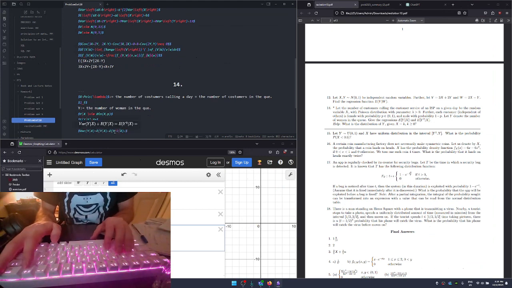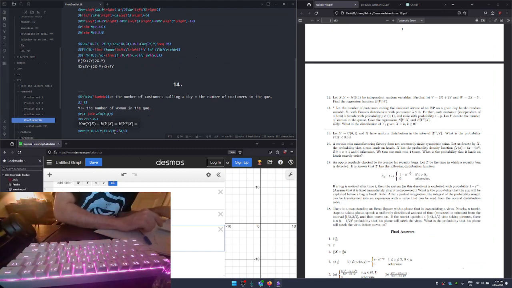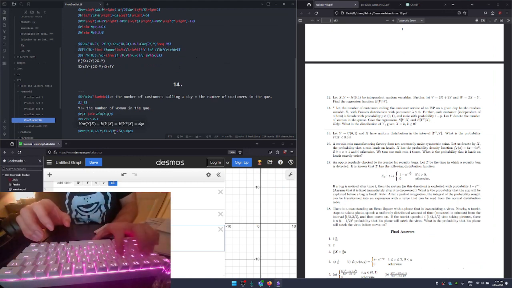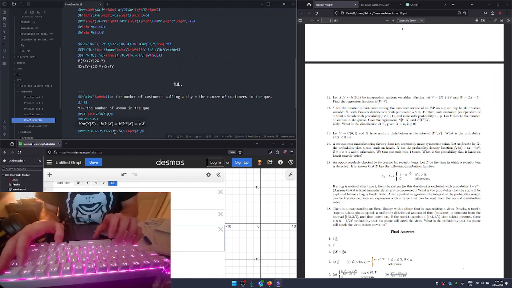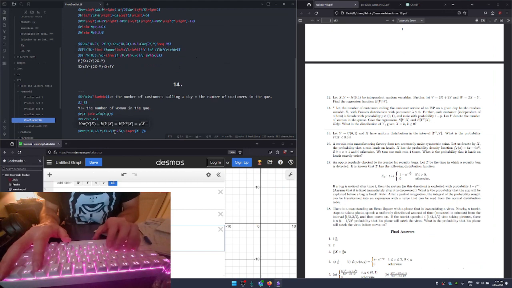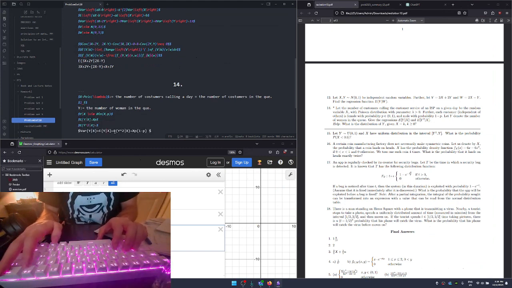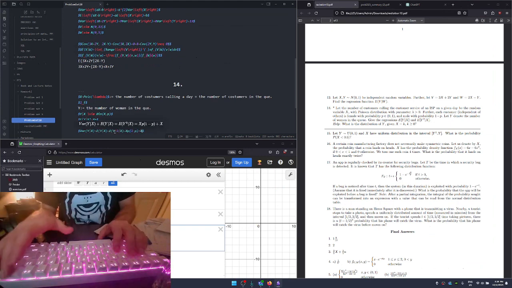The variance of y given x, well, it's a binomial distribution. So it is x, you have the square root of x p (1 minus p) for the standard deviation, but it's squared, so it's a variance, so you don't need the square root at all. And then you have plus xp.